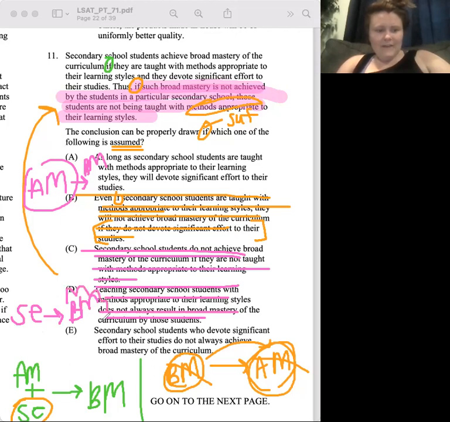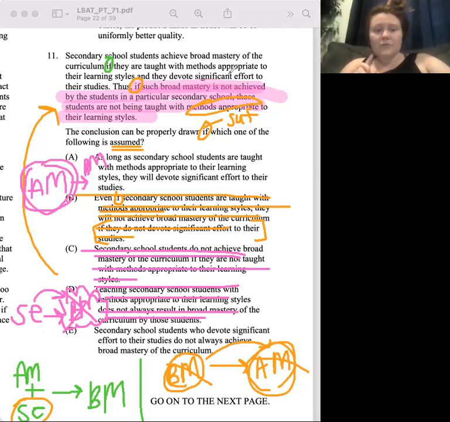Just because students that do this don't always achieve broad mastery, we know that, because maybe they don't have appropriate methods, right? Yes. But that doesn't help us prove that the reason these students at this particular school have not achieved broad mastery is because they don't have appropriate methods.